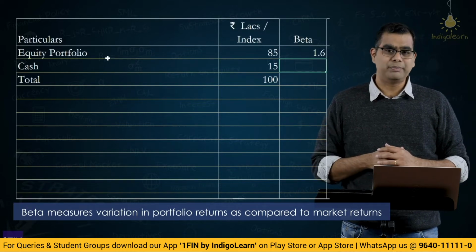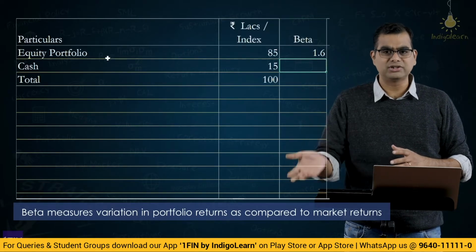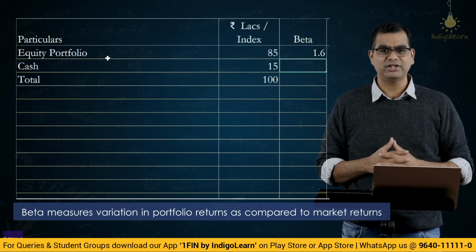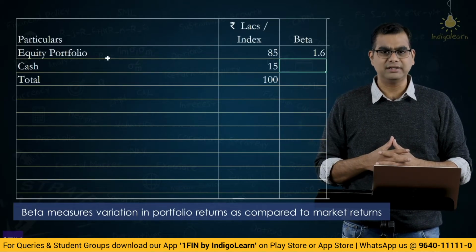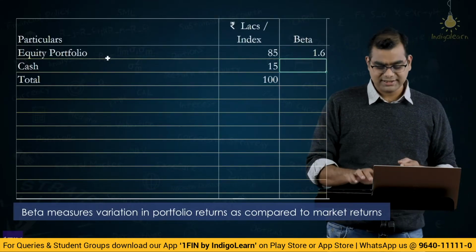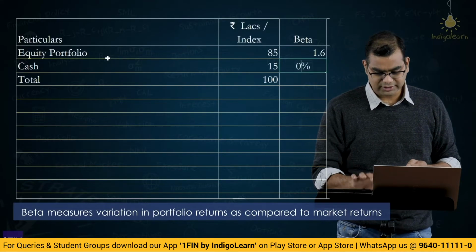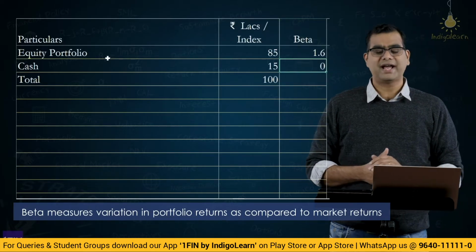Cash, will its beta change when market changes? Let us say the index goes up and down, Sensex goes up and down, will the value of cash change? Especially in the short term, forget inflationary aspects and all of that, value of cash does not change, right? So, beta of cash is actually equal to 0. Beta of cash is 0.